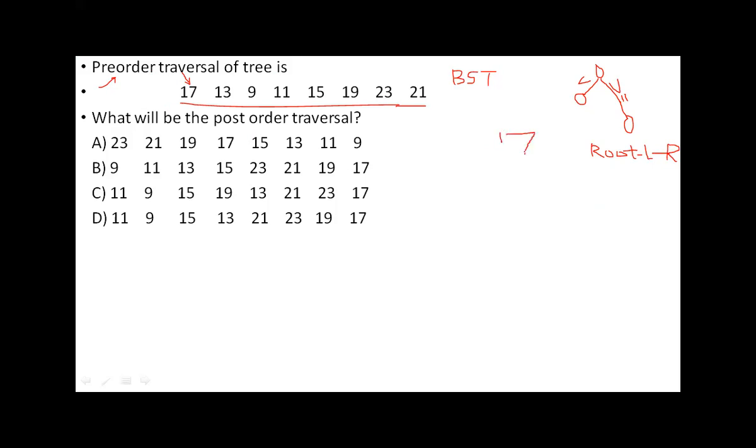17 will become the root here. If 17 is root, all the elements less than 17 will become the left subtree.